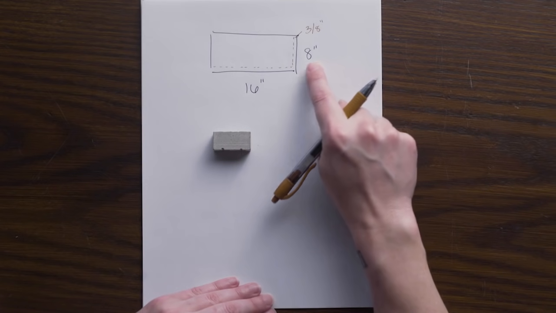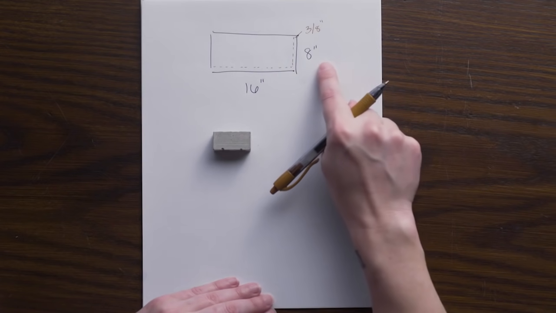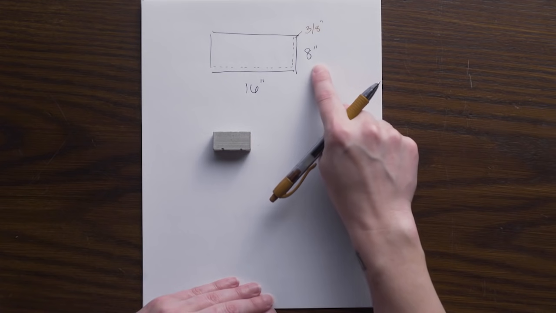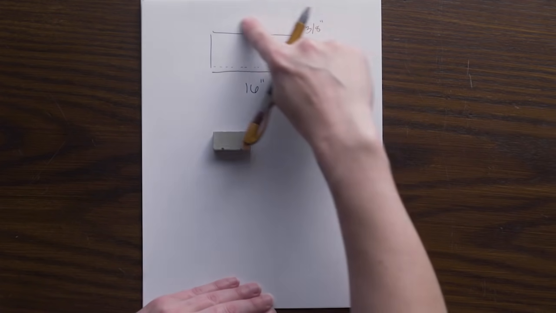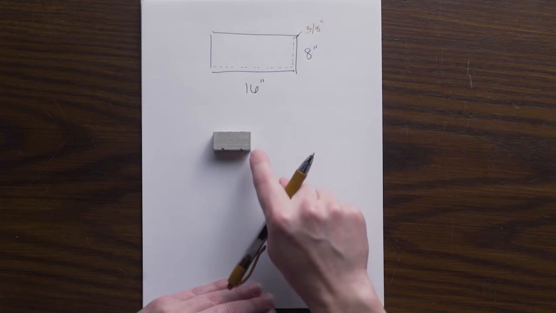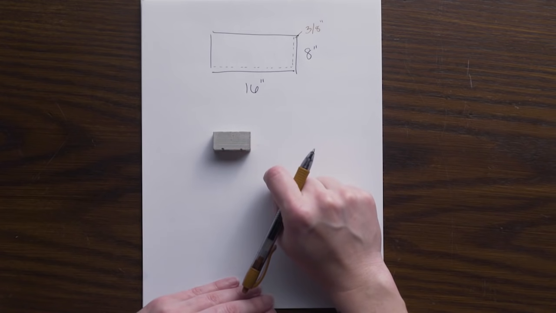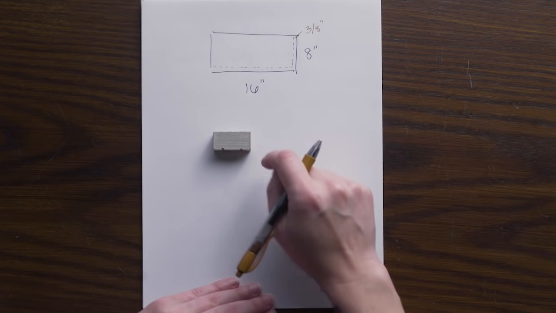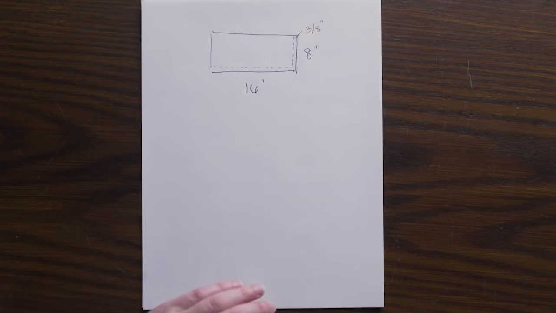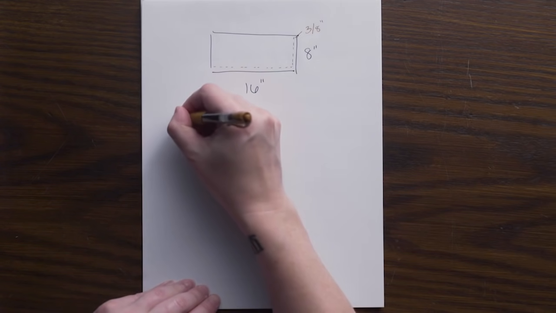But we do all of our calculations based off the 16 by 8 because this is what we are looking at in terms of the vertical face of it. So if it includes that mortar joint thickness, it will actually save us some time when we are trying to do our calculations. From this, though, we can figure out what is called a CMU factor.